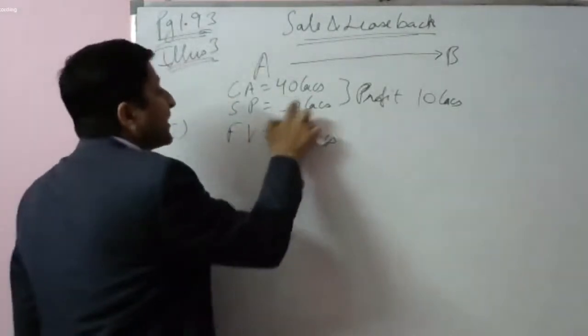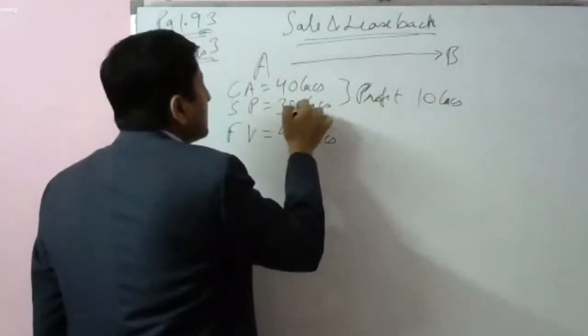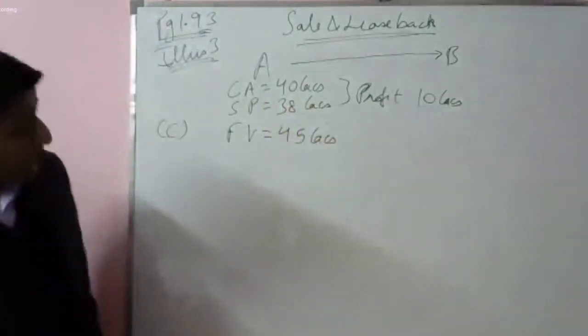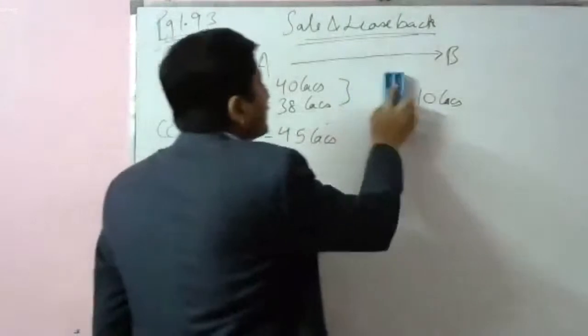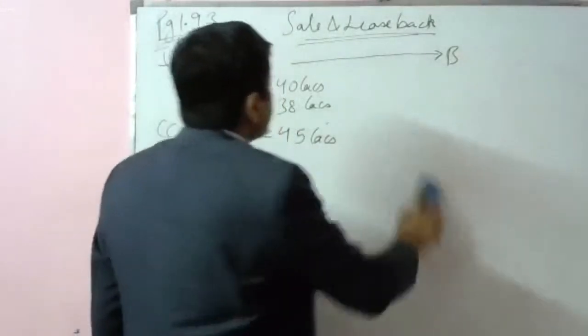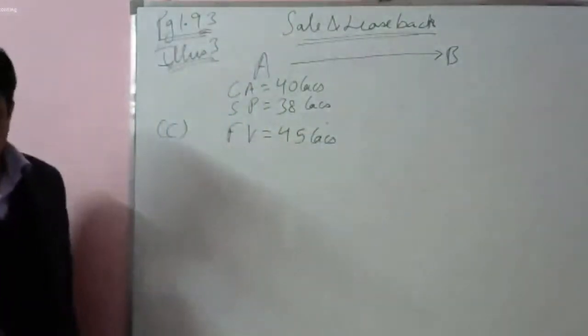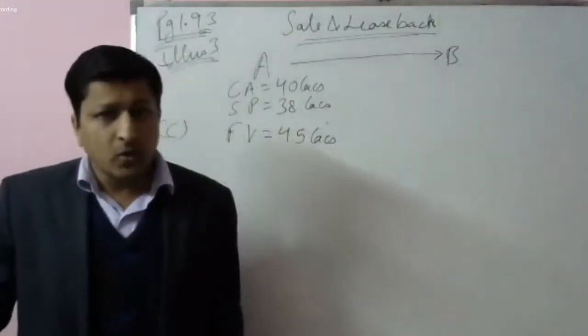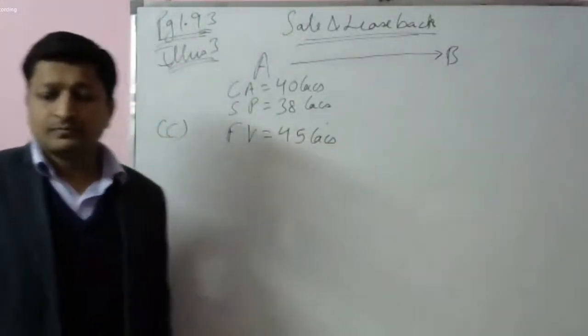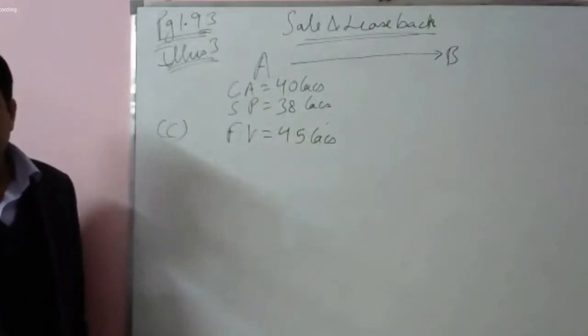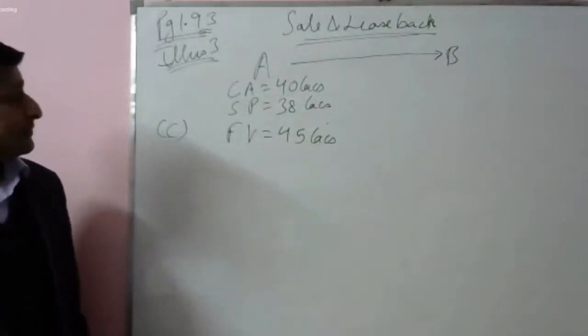So instead of 58, we should take it 38. So the moment we make it 38, what do we get? It results into a loss. Loss on sale.